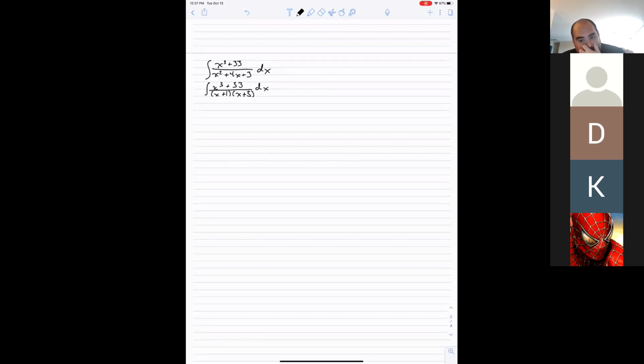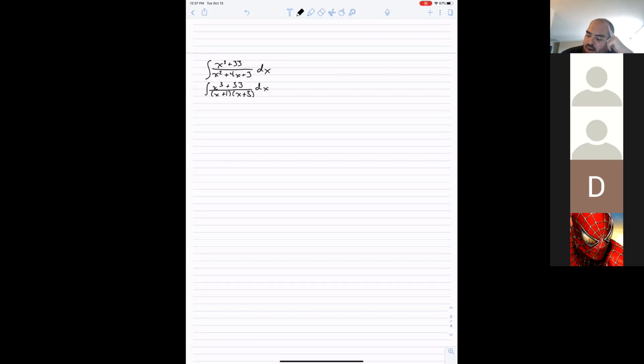There's something that we should do before we split it. Wouldn't we divide polynomials because the numerator has a greater degree than the denominator? Yes, that's exactly it. So when you're looking at partial fractions, if you ever have the degree of the numerator at least as large as the degree of the denominator, you want to do a division step first. Gotcha.